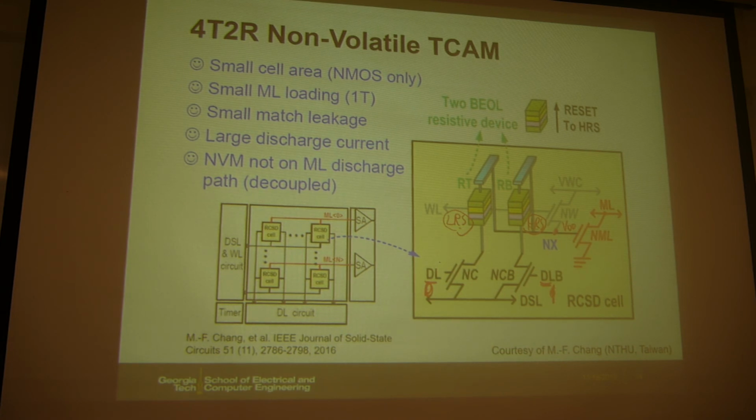But they're all above the transistors, so literally they don't occupy too much space for you. But you need to add additional transistors for the SRAM case. You add 2T to the 6T, and it becomes 8T. That is the area penalty you need to pay. The R itself is on top, so it does not really occupy your space.